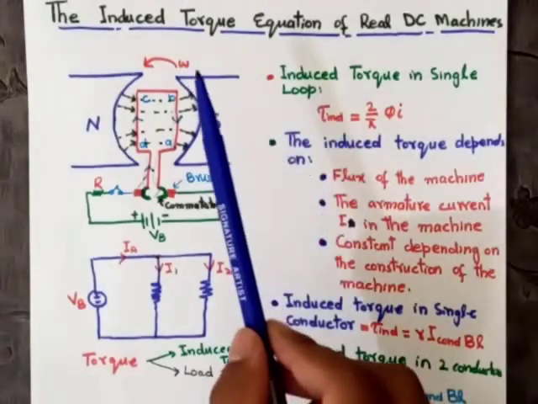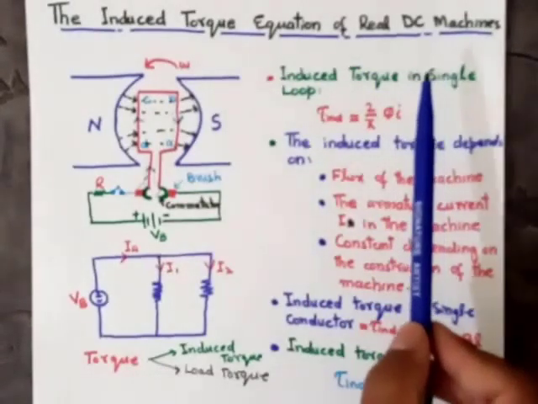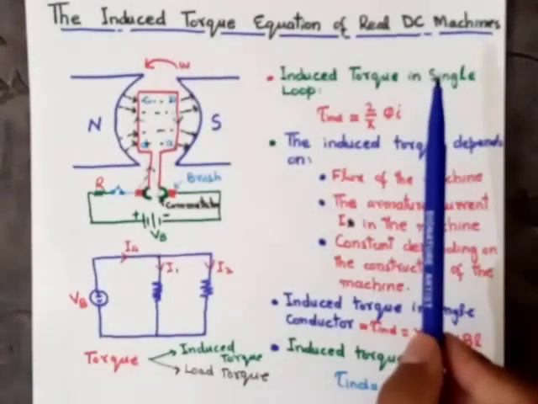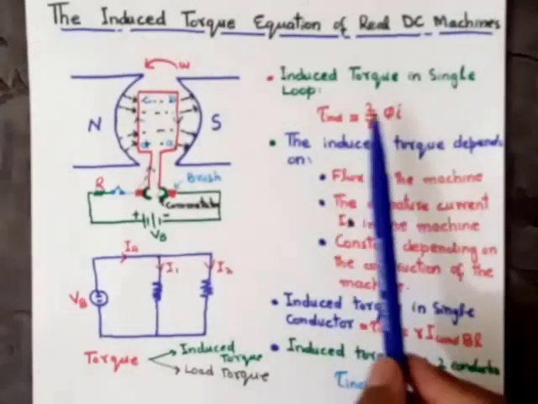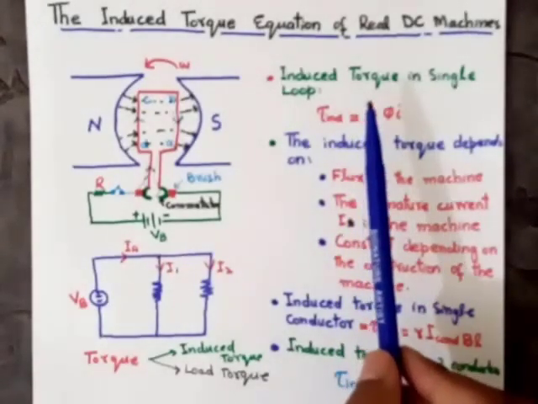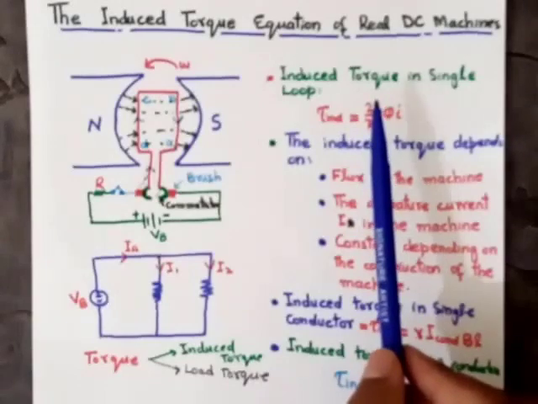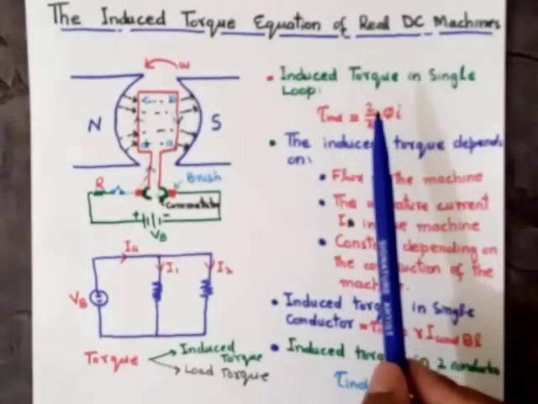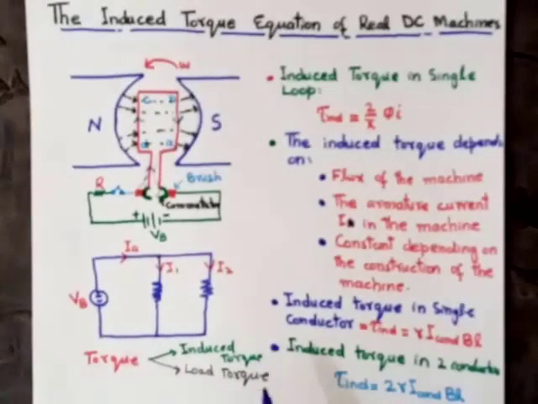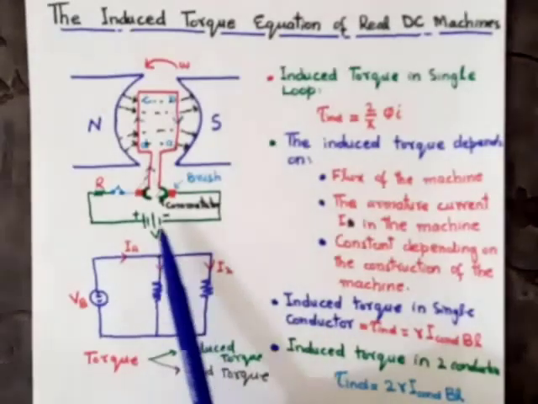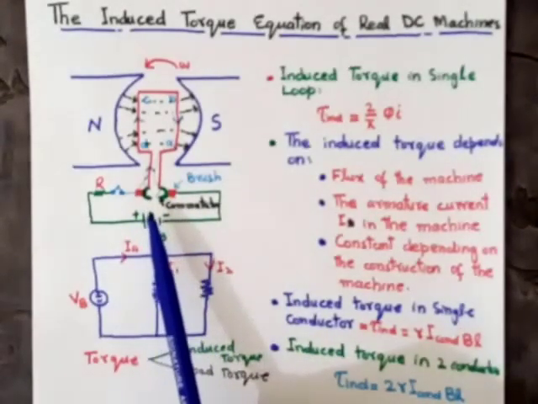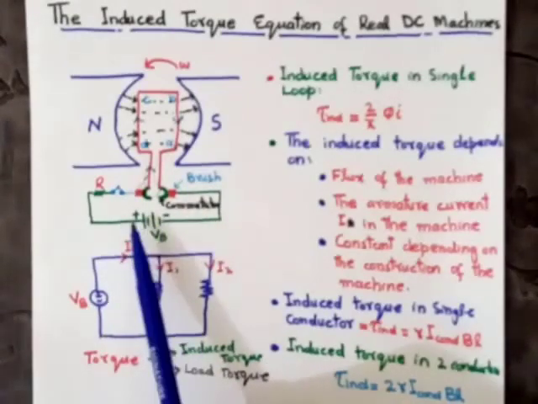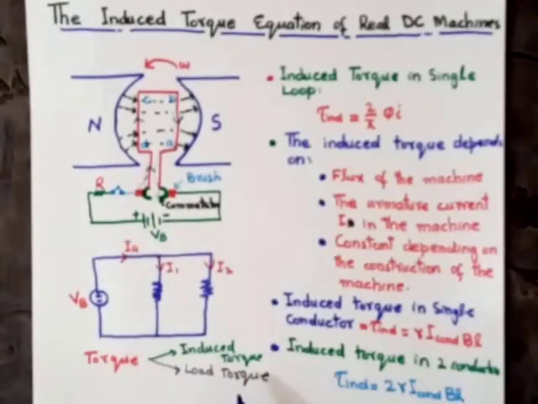Before starting the derivation of the induced torque equation of real DC machines, a particular thing here. As far as torque is concerned, there are two types of torque. The first one is induced torque and the second one is load torque. The torque which we are demanding due to load, when we connect the load across the armature winding, is called the load torque.